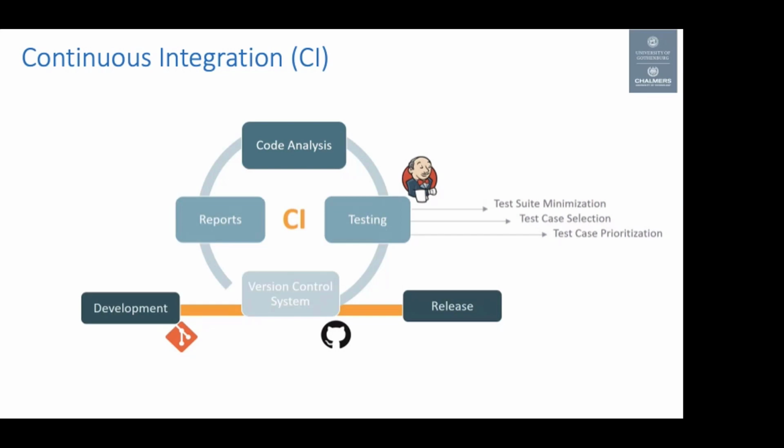Generally speaking, existing techniques for optimizing regression testing fall under three categories: test suite minimization, test case selection, and test case prioritization. But all of those techniques share one goal in common, and that is to reduce the size of the regression suite while also maintaining a high rate of fault detection.